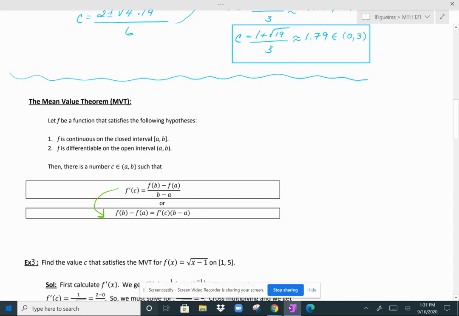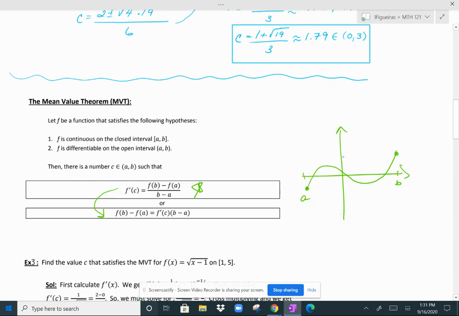So if I could just draw a visual of what this one here means. If you have a function, f of x, let's say from a to b. So this is my a, and this one here is my b.